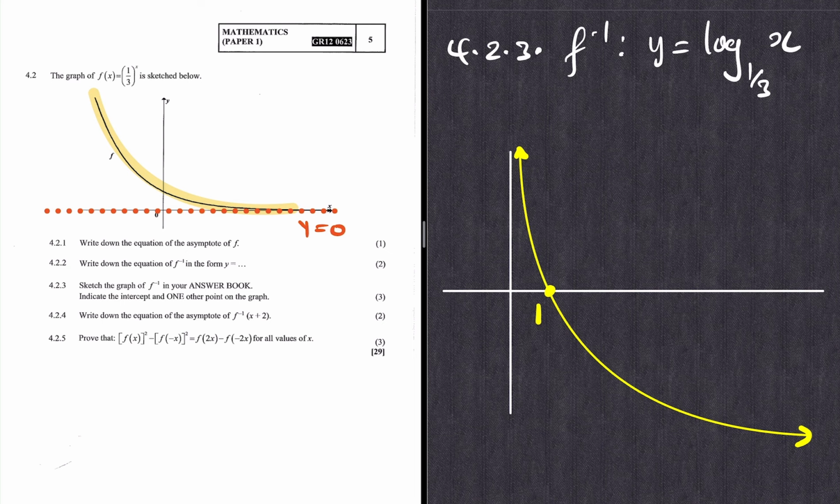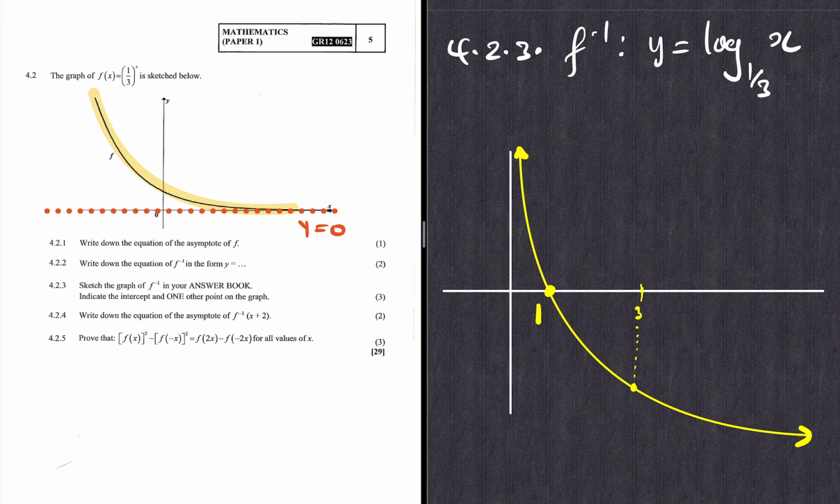Let's take any point. They want 1 point, by the way. So when x is, let's say, maybe 3, you could have taken something else, by the way. What is the point there? You go and substitute a 3 there.